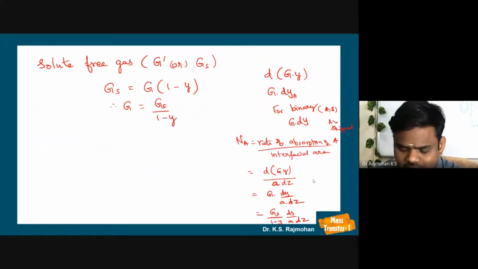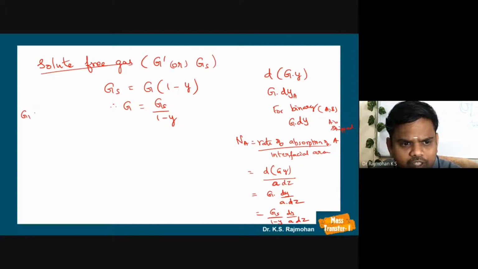So it is easier to express in terms of the solute free gas, because obviously G1 is different and G2 is different, but the assumption is made in such a way that G1 equal to G2 equal to G. Whether at the inlet section or here, both A and B are there.